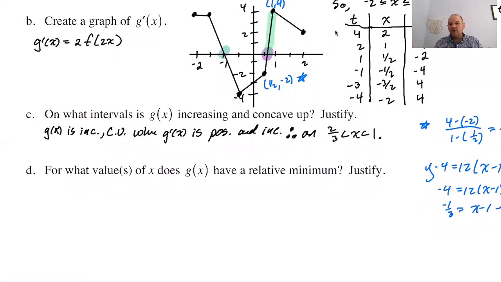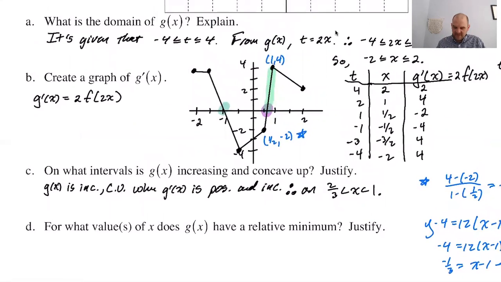Relative minimum. Fortunately, the only location of a relative minimum is where the derivative goes negative to positive. The only place that's happening is also at that value we just found.